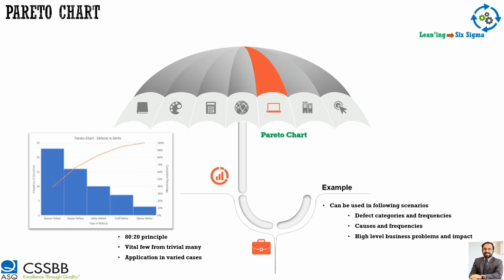So you can categorize the defects and then see which one is causing the most. At a high level, for business problems and impact, we can use it for customer complaints and customer rejections, and you will find there are few categories where customers reject more. So you can use a Pareto chart.